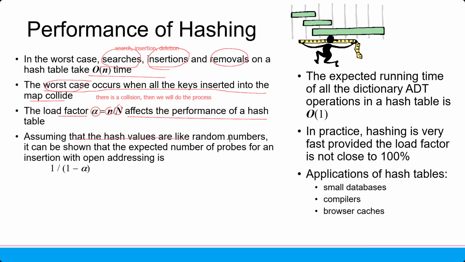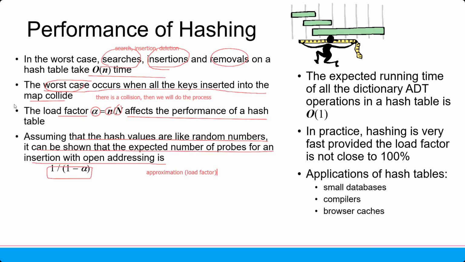Assuming that the hash values are random, it can be shown that the expected number of probes for an insertion with open addressing is 1 divided by 1 minus alpha. This is just an approximation.